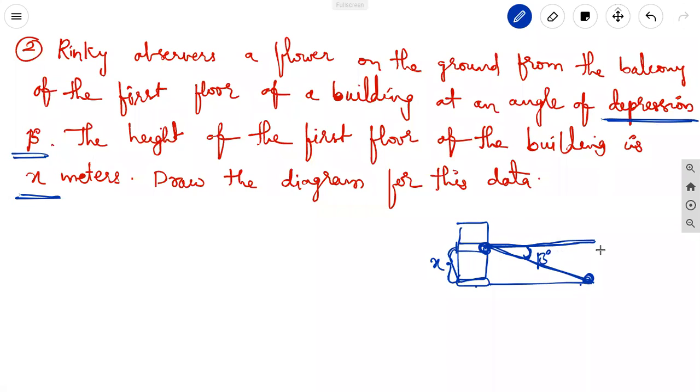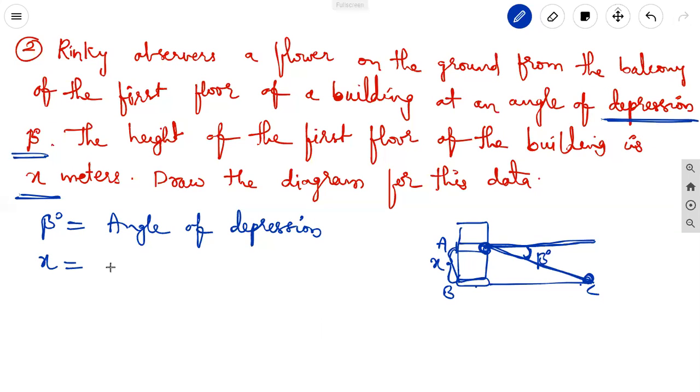Here, suppose we take A, B, C. So beta degrees is the angle of depression. X is equal to the height of the building.